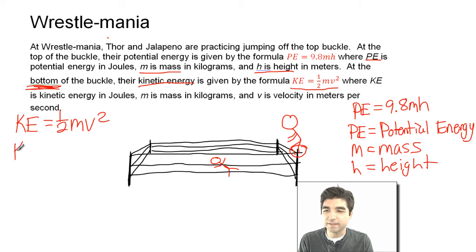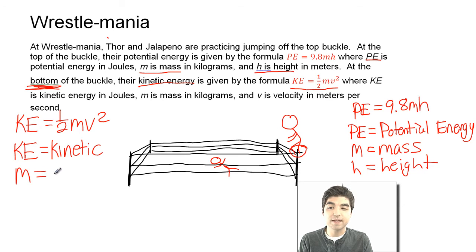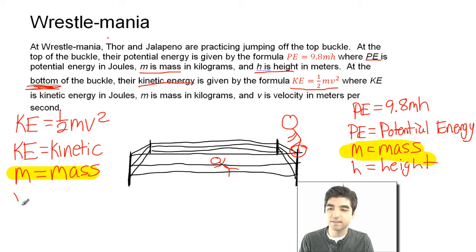So KE equals kinetic energy, and then M equals mass. So we have mass, which is the same between both of them. So both of them have a mass, that's the same exact thing. And then V equals velocity.